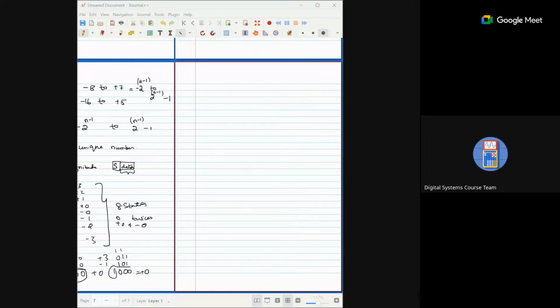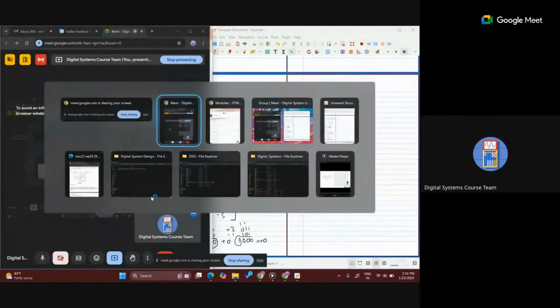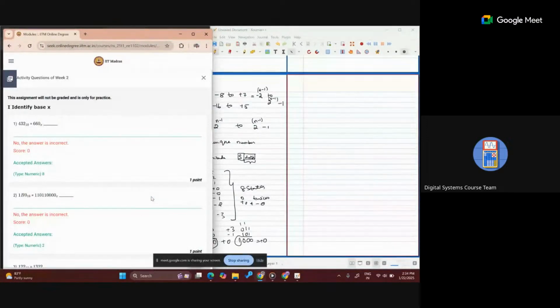I can share my full screen so that I don't need to write the question again. Let's try to identify the base value of the first problem, problem number 1.